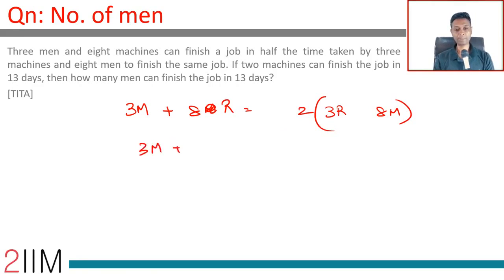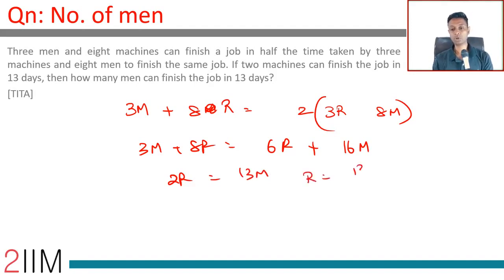Or 3m plus 8r is 6r plus 16m. 2r equals 13m. Or each robo is as good as 13 by 2 men.